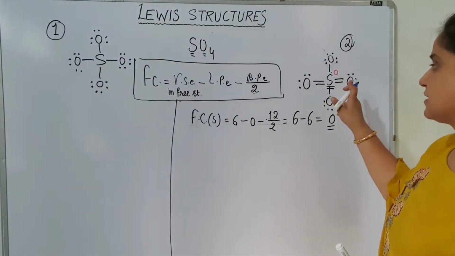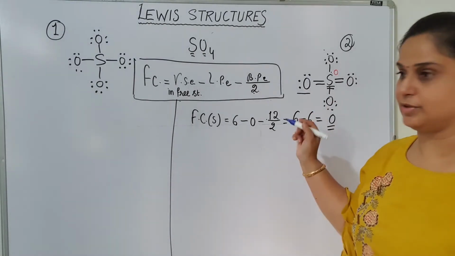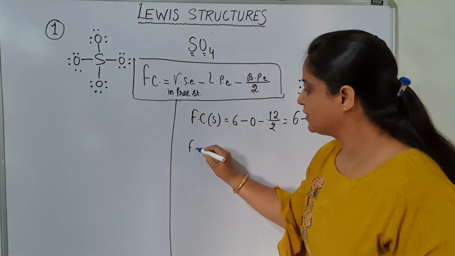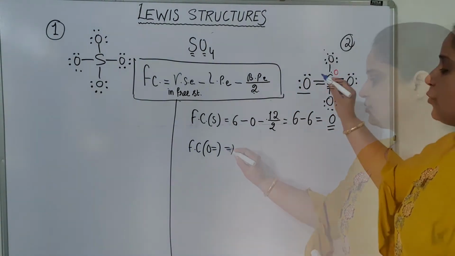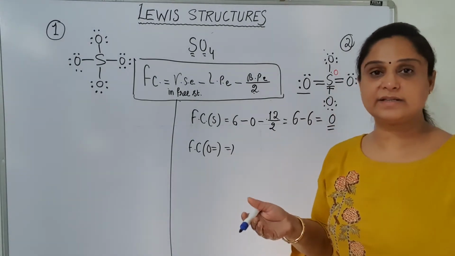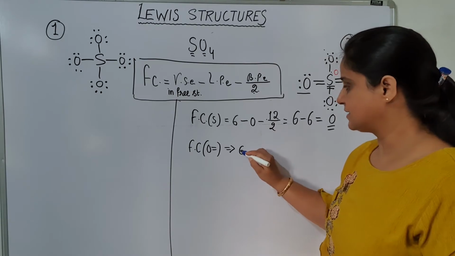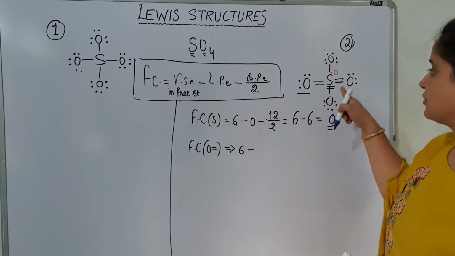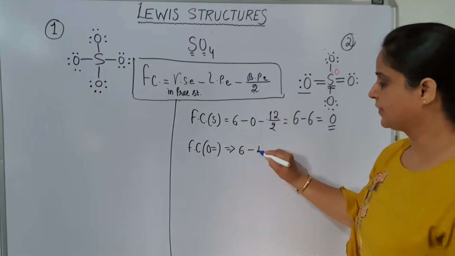Now I am taking the formal charge on the oxygen atom which is connected with the double bond. Okay, so this is the formal charge of the oxygen connected with the double bond. How many outermost shell electrons are there in this oxygen? Obviously that does not change, that is 6. How many lone pairs of electrons can you see with this oxygen? 1, 2, 3, 4.